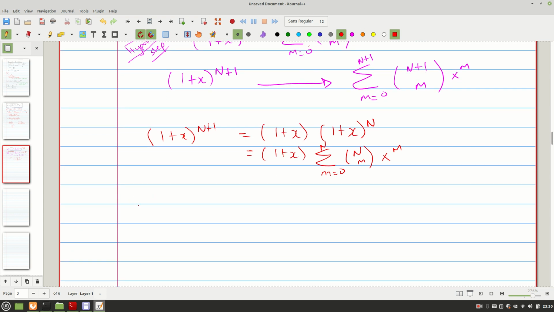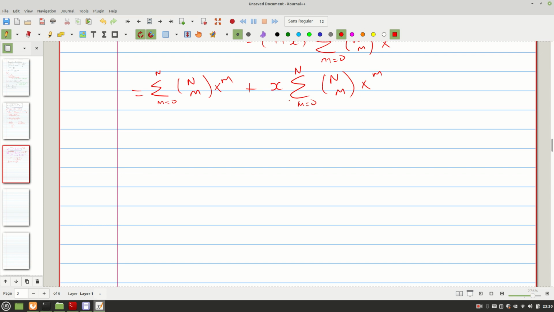This is equal to the summation from m equals 0 until n of n choose m times x to the m, so we multiply this by 1, plus x multiplied by the summation from m equals 0 up to n of n choose m times x to the m, right?